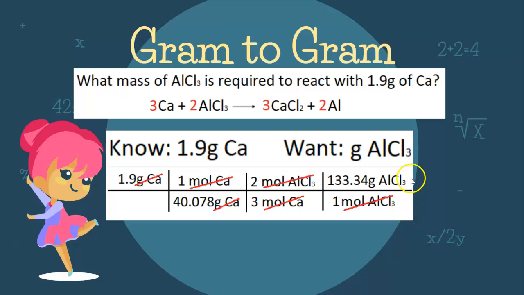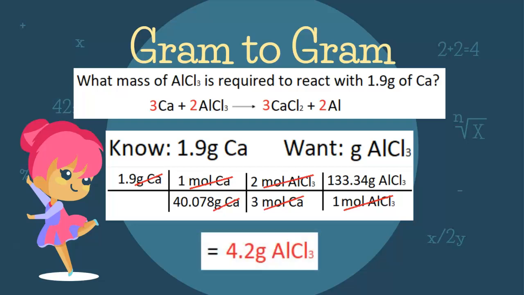So 1 mole equals the molar mass of AlCl3 in grams, which is what we're looking for so we can stop. Multiply all your top numbers, divide by your bottom numbers. So 1.9 times 1 times 2 times 133.34 divided by 40.078 divided by 3 divided by 1, and we get our final answer, which is 4.2 grams of AlCl3.